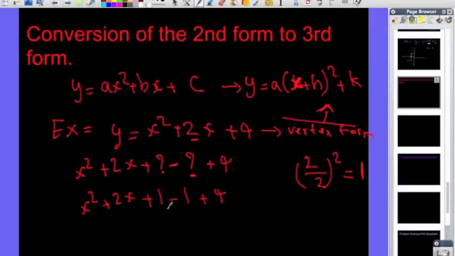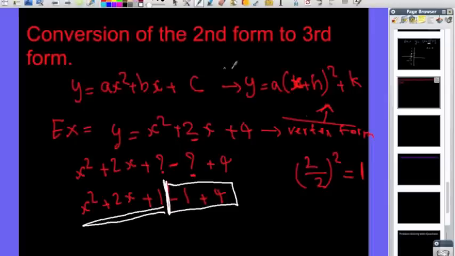This equation is kind of separated right here. So you change this into this, and then the plus k would be this right here.